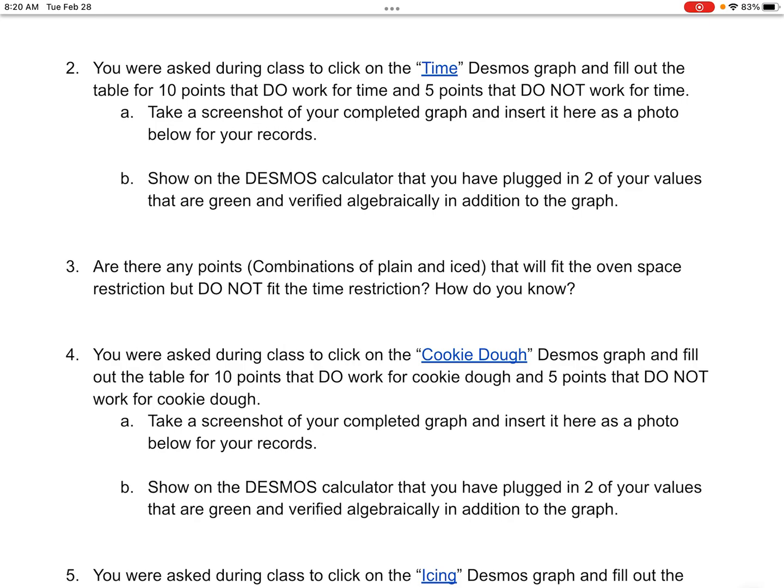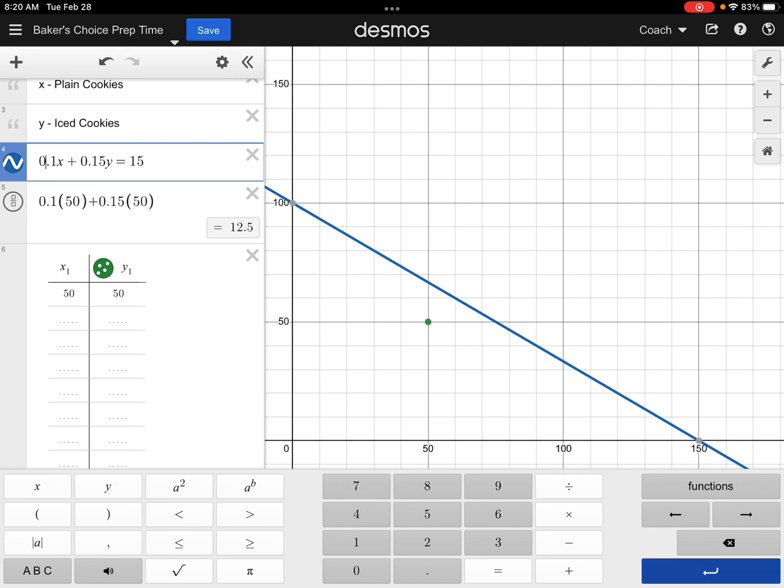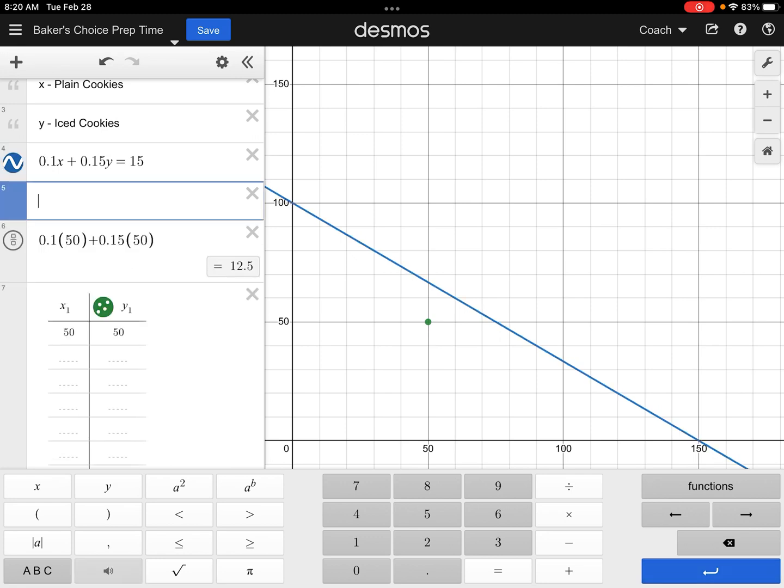So what we're going to do for number 3 is take our time graph, and I'm also going to type in the oven space line that we had in the first graph. That was just x plus y equals 140. So I have that graph in there also.